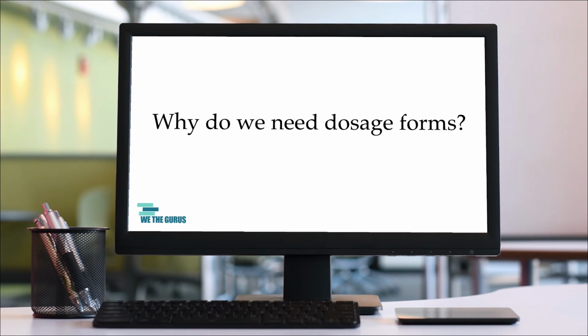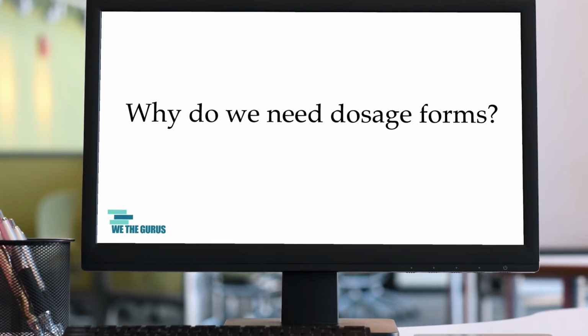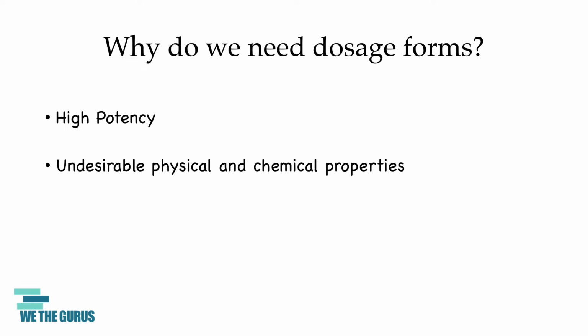By this time, some of you may be wondering, why do we even need dosage forms for drugs? A short and simple answer would be, many commonly used drugs have high potency, meaning we need only a few milligrams or micrograms to produce the desired clinical response. Also, drugs can have undesirable physical and chemical properties that can lead to lower stability, poor absorption rates, and other issues like that.